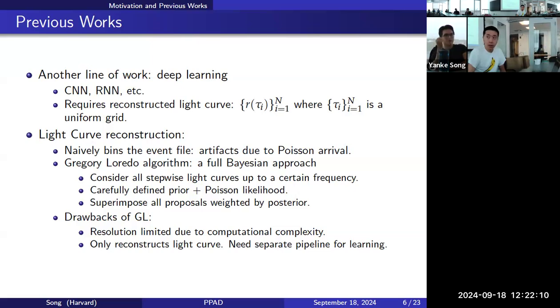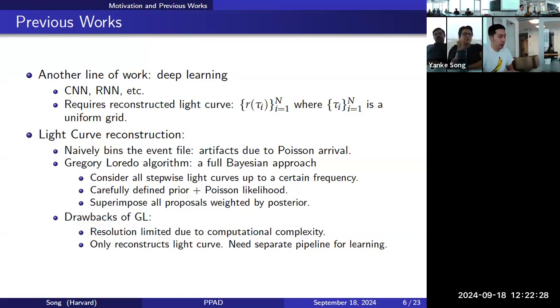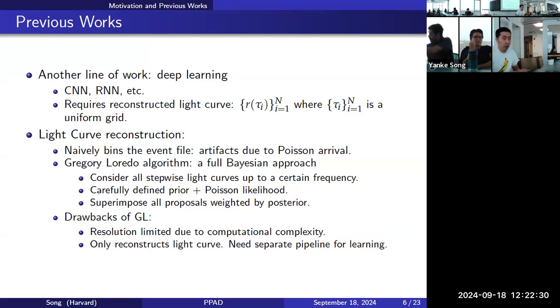Are those flexible, or are they predefined in some way? Within each proposal, the specific values have uniform priors. For example, for a constant light curve, they put a uniform prior on the true value. But there are definitely some assumptions put in, which may or may not be true.